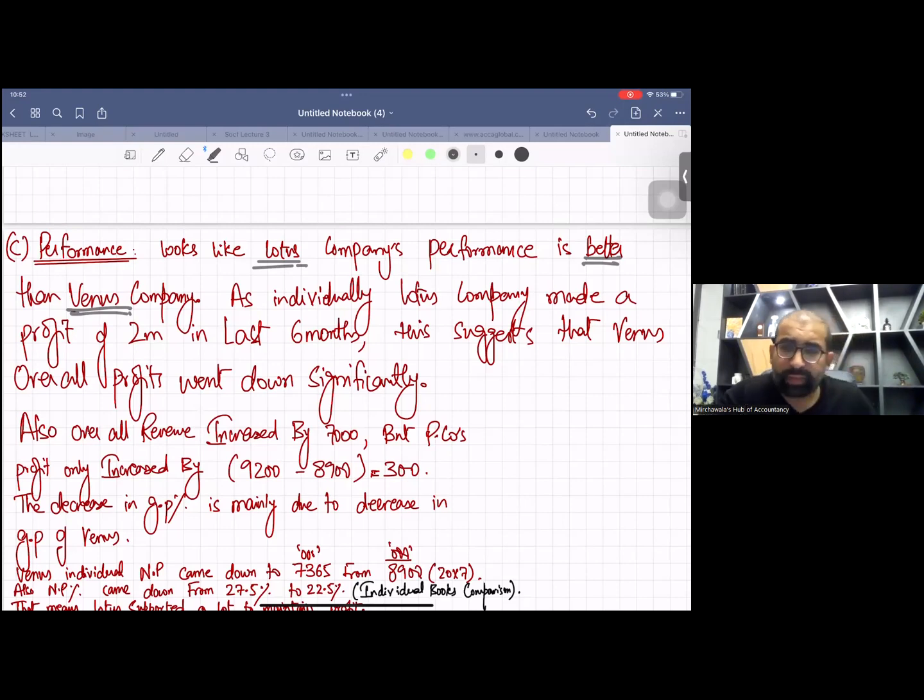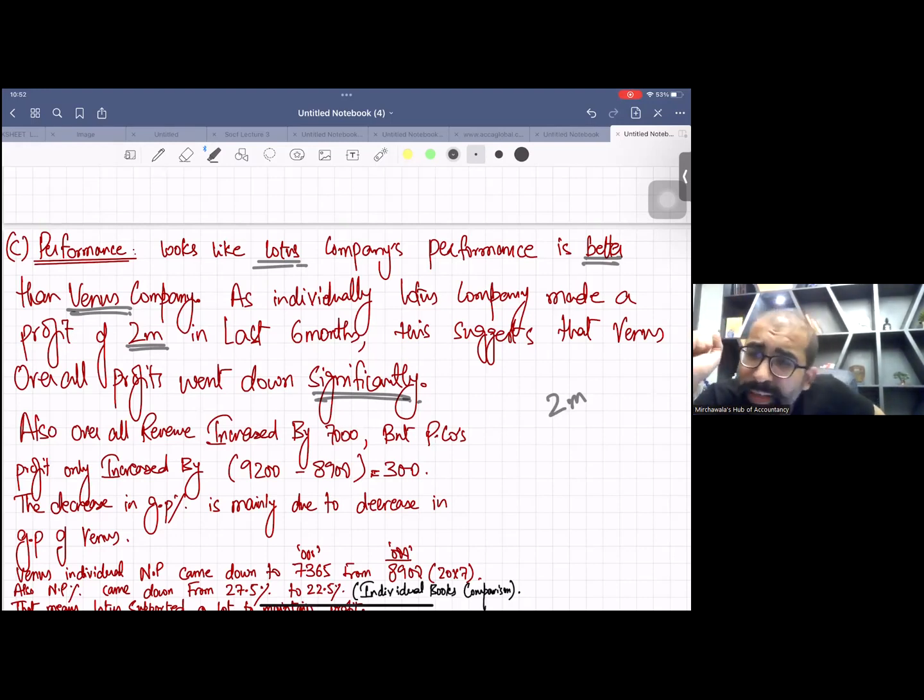In the last 6 months, just use a rough calculation. Lotus, meaning the subsidiary, made 2 million profit in 6 months. So what should be the full year profit of the subsidiary? Just assume it: 4 million.